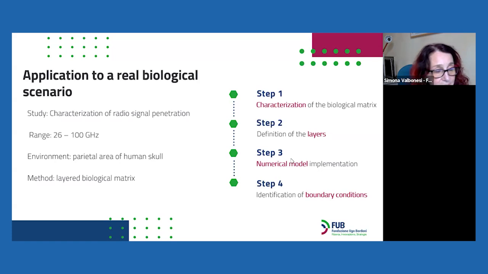The study has been organized into 4 steps. The first one is the characterization of the biological matrix. Step 2 is the definition of the layers. Step 3, numerical model implementation and identification of boundary conditions.